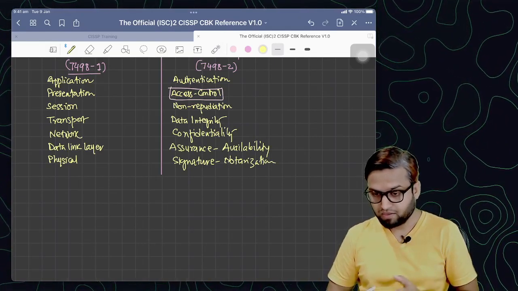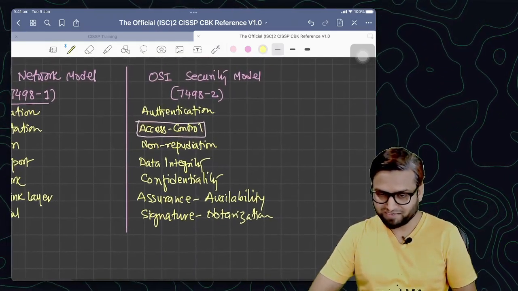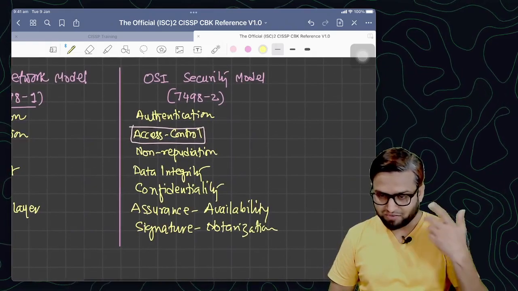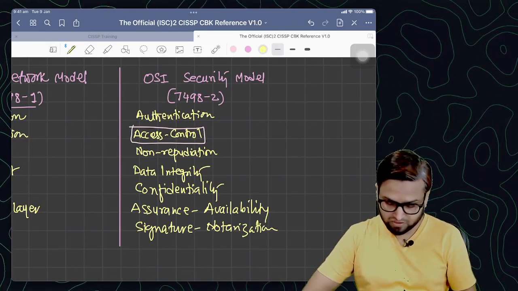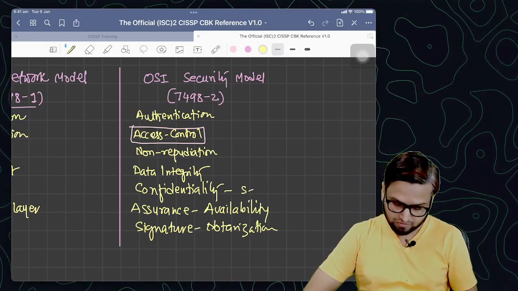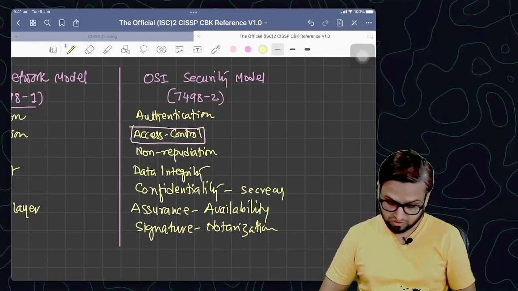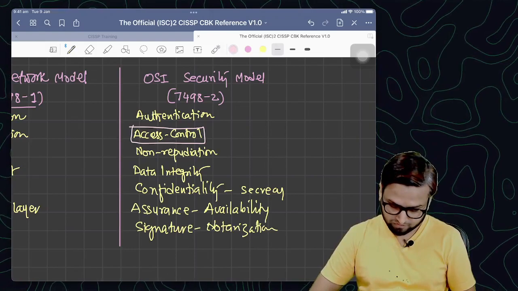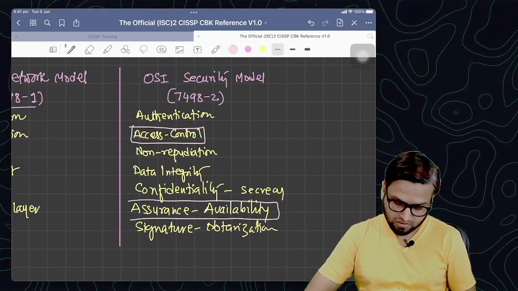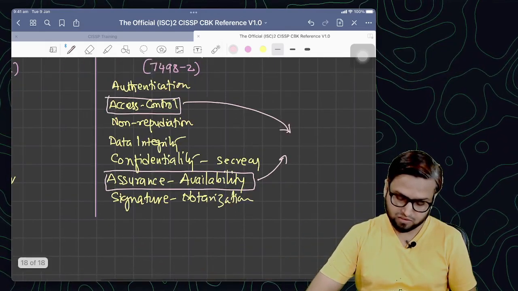Apologies for my past explanation. That was something which slipped from my mind. So confidentiality is related with secrecy. You can write secrecy here, secrecy of data, right? So access control and assurance, this is the point which I was trying to explain. These are the properties of the system which processes information.